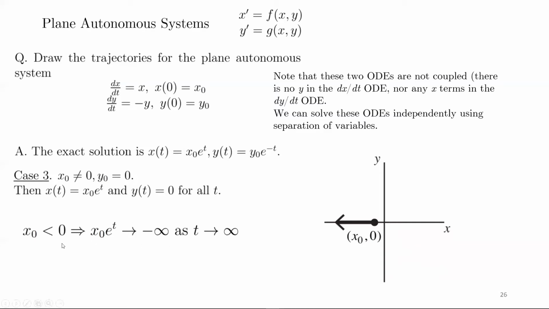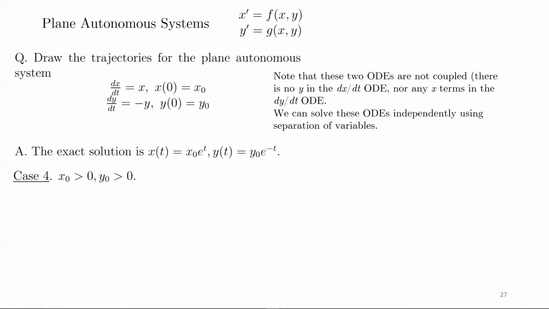But if x naught is negative, then actually as t goes to infinity, we approach negative infinity. So if we start on the negative x-axis here, as t marches on, we move towards the left, so we move this direction.